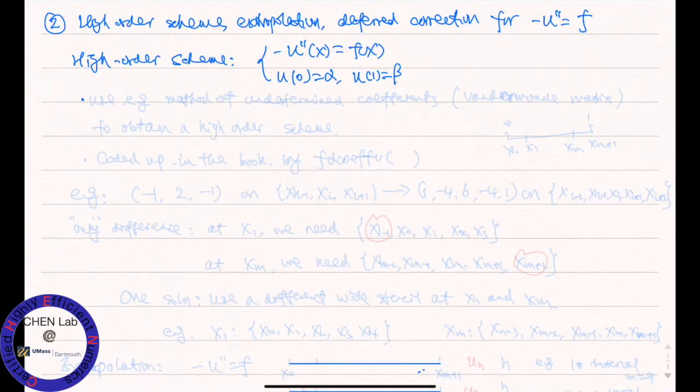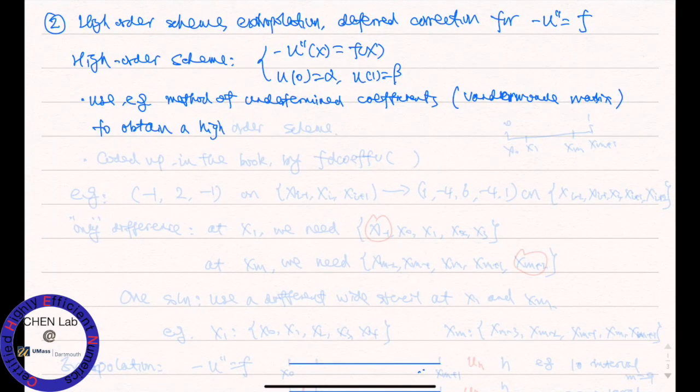First of all, we're going to use, for example, the method of undetermined coefficients, or the Vandermonde matrix to obtain a high-order scheme.